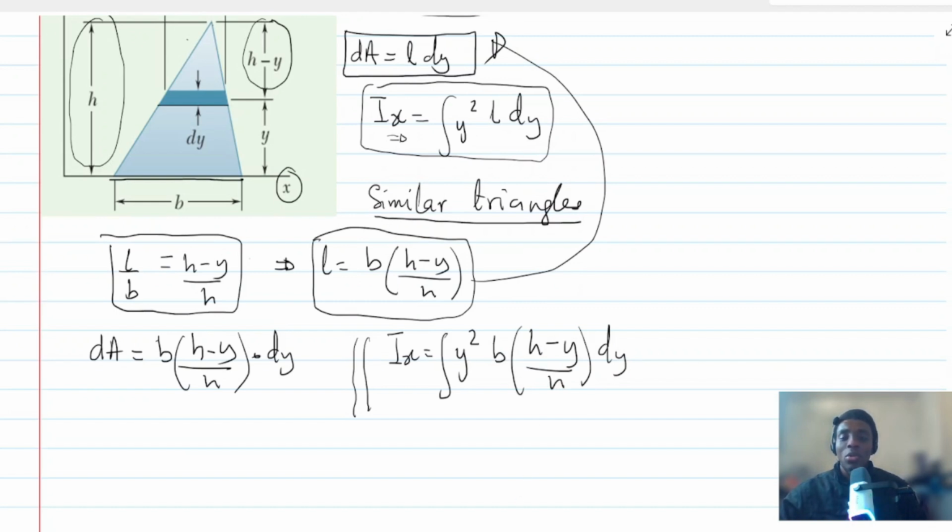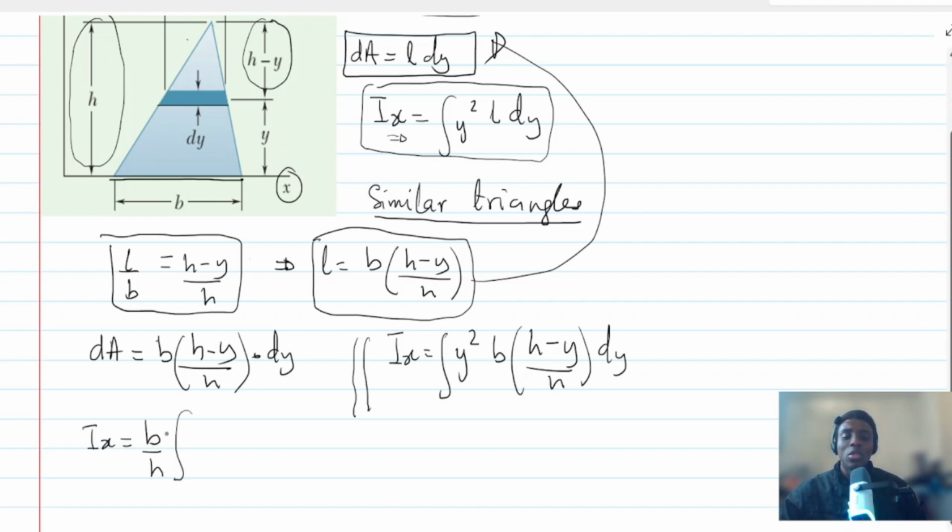So then what are we going to do now? This is going to be pretty simple. At this juncture, we are just going to separate the constants from the variables and then integrate. So let's do that quickly. We are going to factorize b over h out, so b over h will come out.